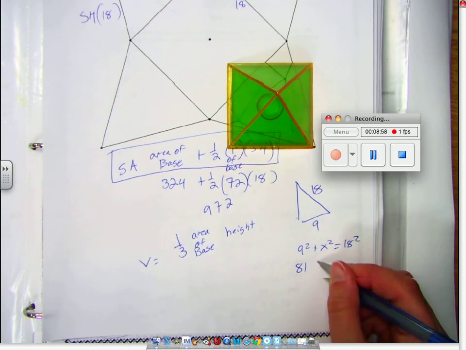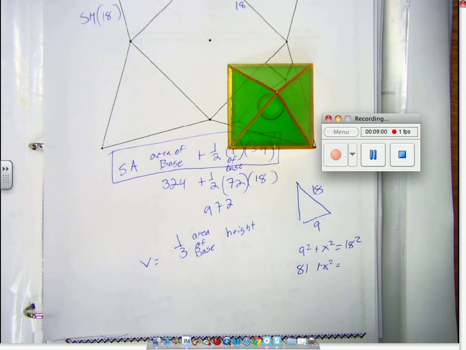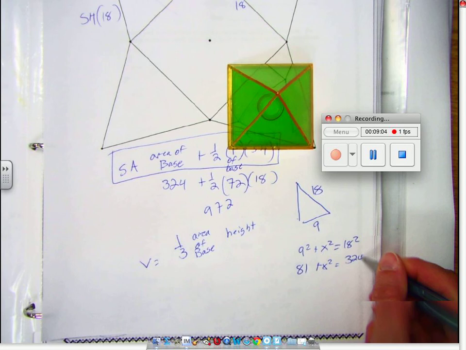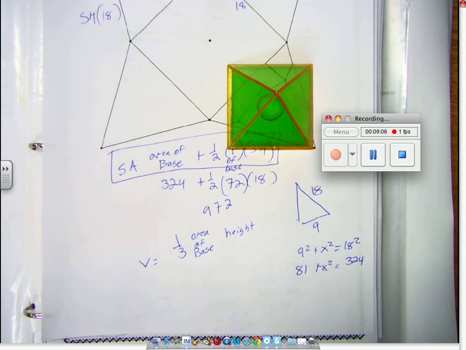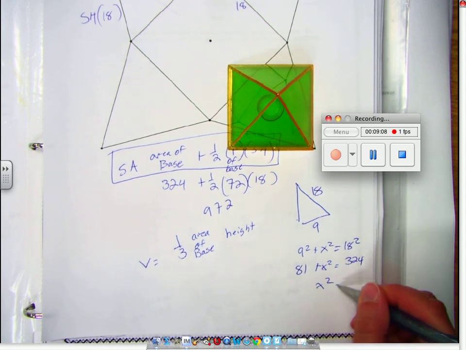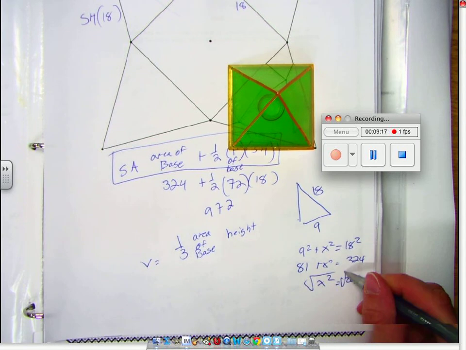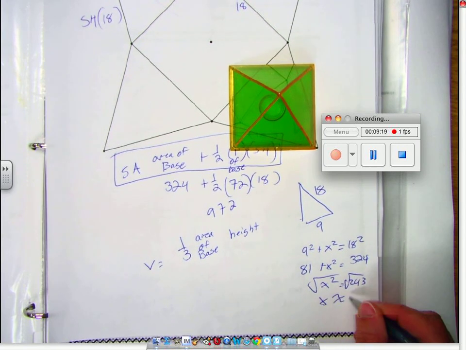So I'm going to get 81 plus x squared equals 324, subtract 81, going to get x squared equals 243. I'm going to take the square root of 243, all what we did yesterday, all Pythagorean theorem, right? So x is approximately 15.6.